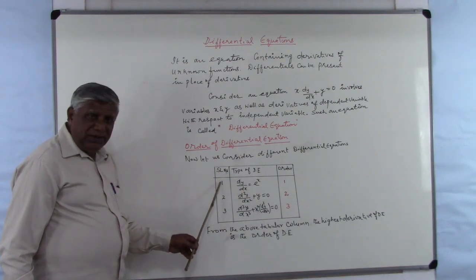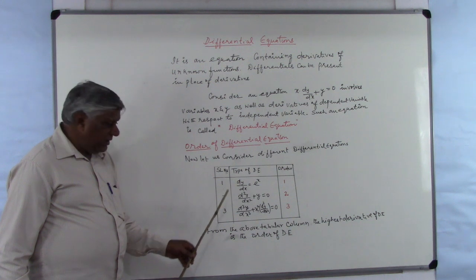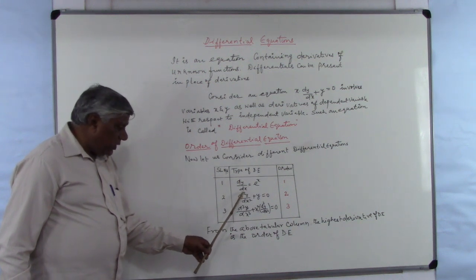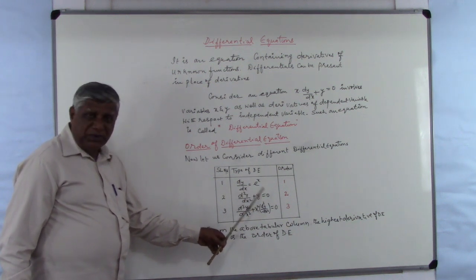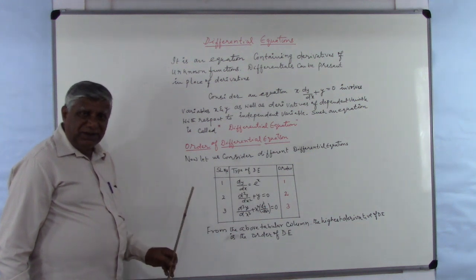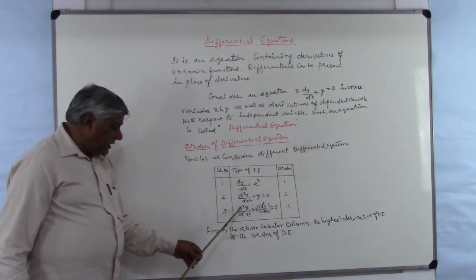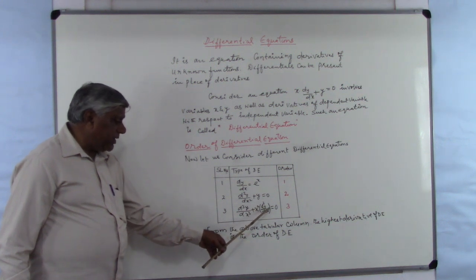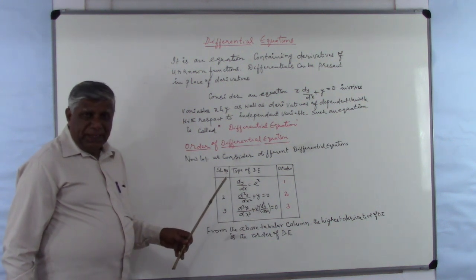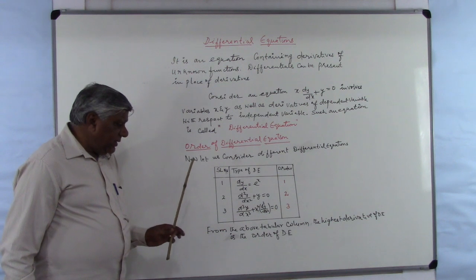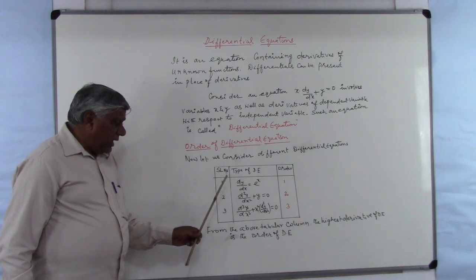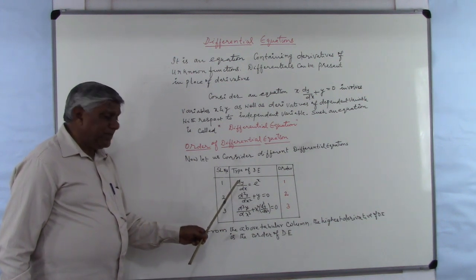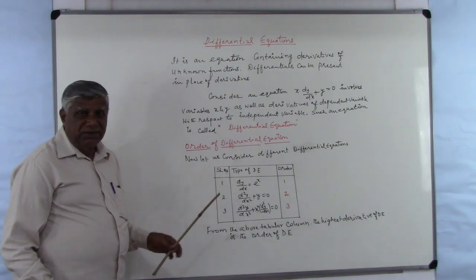The second differential equation is d square y by dx square plus y is equal to 0. The third differential equation is d cube y by dx cube plus x square into d square y by dx square is equal to 0. Now you can see the highest derivative is the order of the equation.